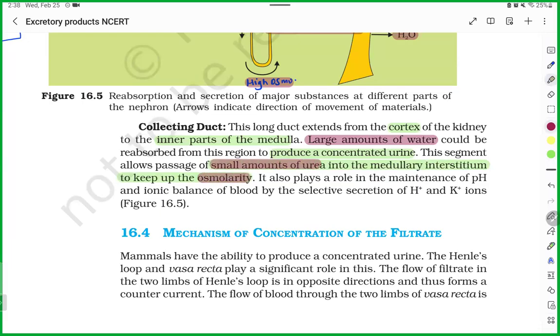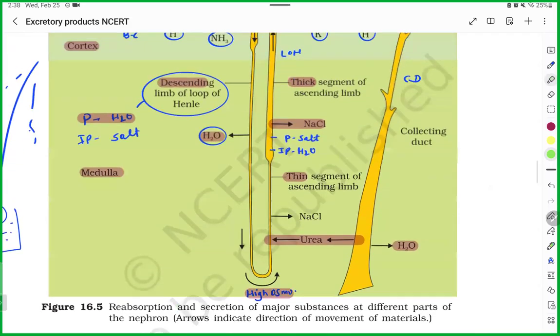All of the urea will not come out. It's the same as when you want to prepare curd and you use a small amount of curd as inoculum or starter, so you can produce more. Same thing here to maintain the osmolarity. Same thing, maintain pH balance, ionic balance, and secrete H positive and K positive. So H positive, K positive, ammonia is the same thing throughout the system.